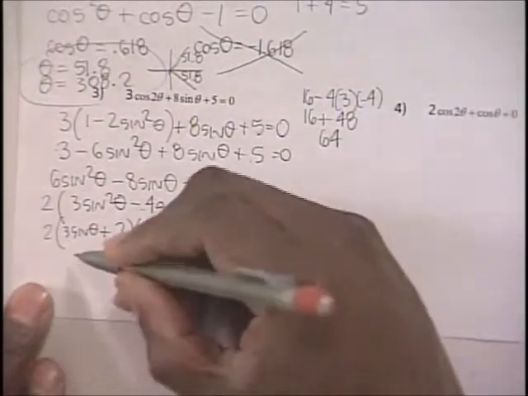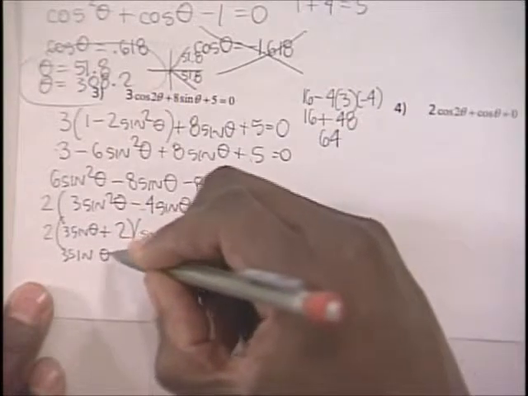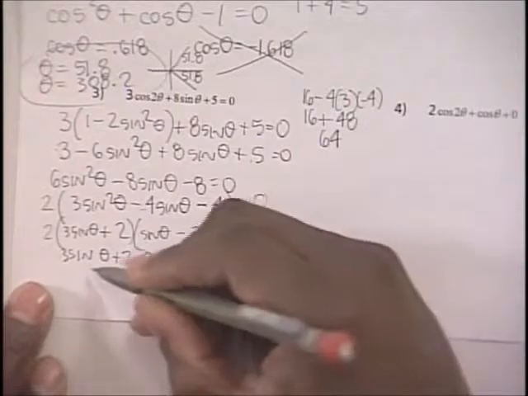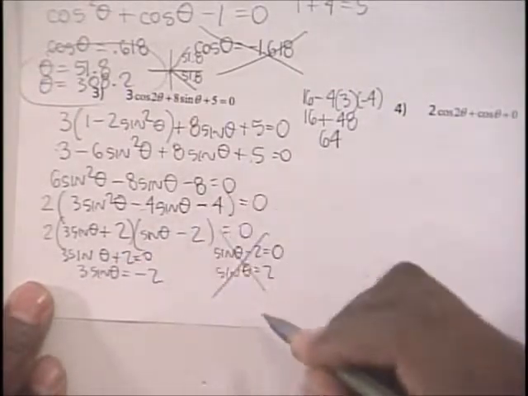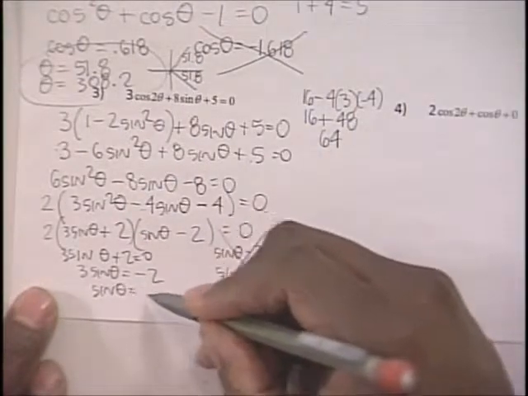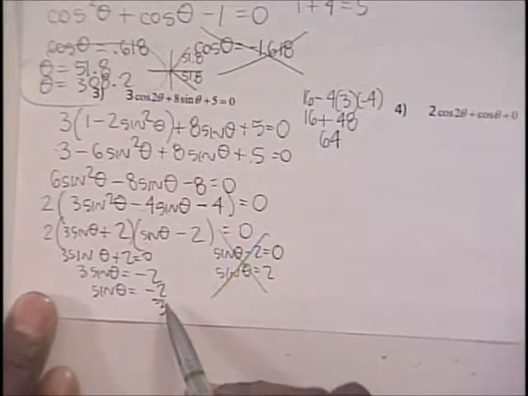But over here, you get 3 sine theta plus 2 is 0. So you get 3 sine theta is a negative 2, and you get sine theta is a negative 2/3. And now you're about to get your answer.